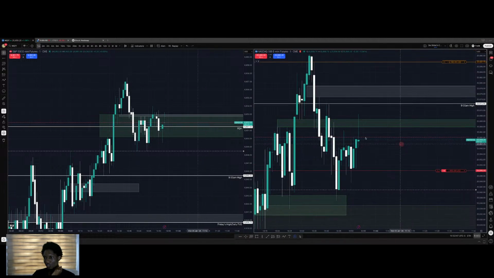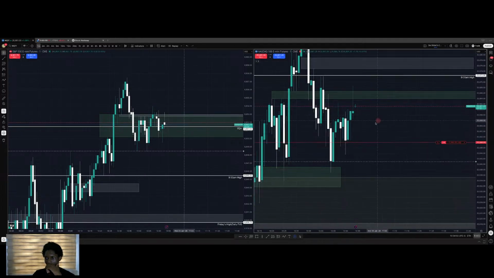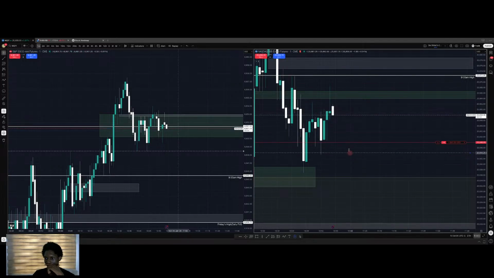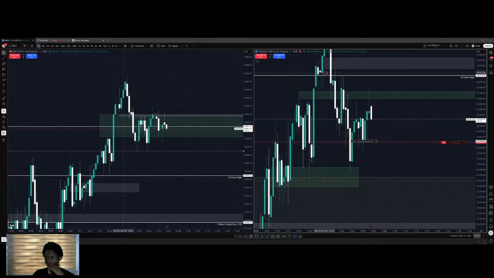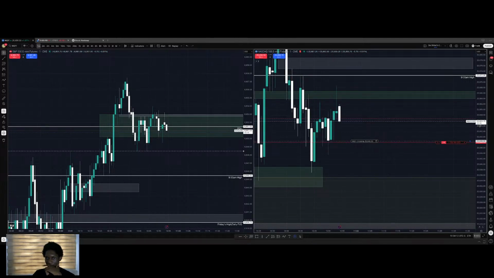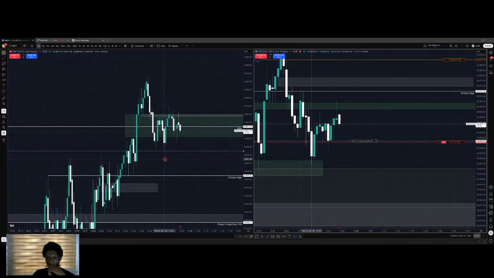So taking out three trend line liquidity. One, two, three. So basically this three has been taken out. And we're still respecting this order block. All I want to see now, let me move this, is a close below here. Once I have a white candle close here, I'll move my stop here. Or once this tags this, I'll move my stop here.